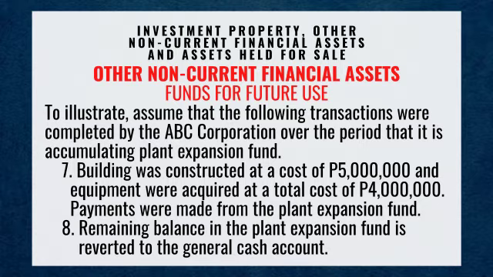Number 7, building was constructed at a cost of 5 million pesos and equipment were acquired at a total cost of 4 million pesos. Payments were made from the plant expansion fund. Number 8, remaining balance in the plant expansion fund is reverted to the general cash account.